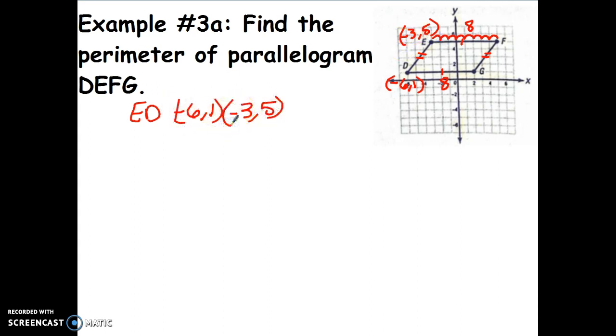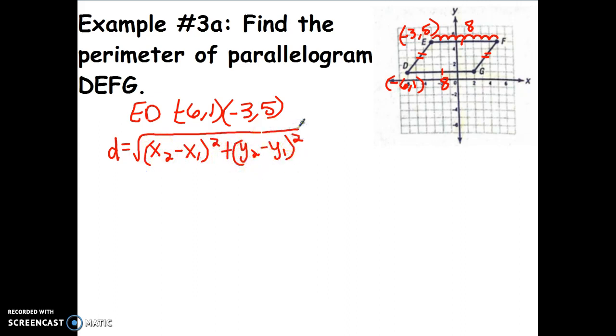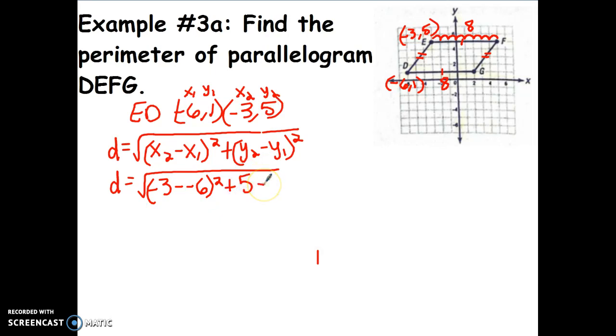We're going to use our distance formula to find the length of that side. I'm just writing my formula down: d equals the square root of (x2 minus x1) squared plus (y2 minus y1) squared. Let's label these x1, y1, x2, y2. x2 is -3 minus x1, which is -6. y2 is 5 minus y1, which is 1.